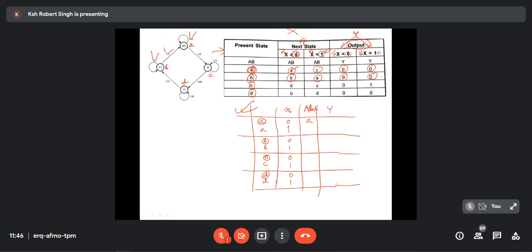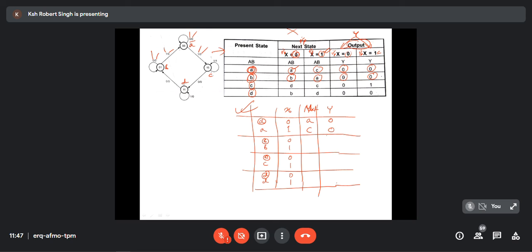It goes to A. And when X is 0, output is also 0. Finish. Now, from A, when X is 1, it goes to C. And X is 1, output is 0.